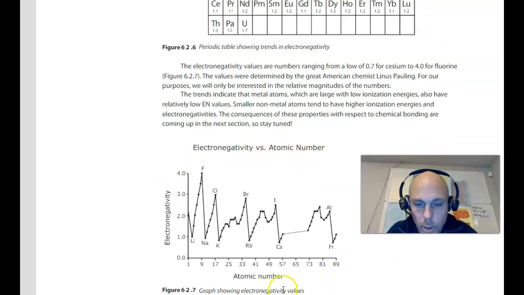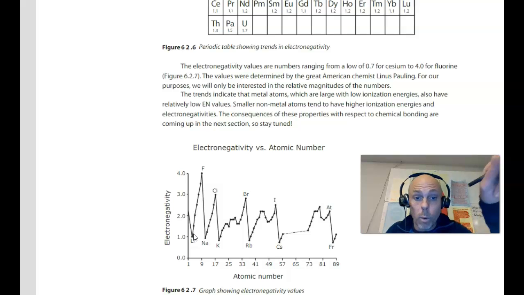So here's another one of those graphs or charts with atomic number on the x-axis, and in this case electronegativity on the y-axis. And let's just look at this together to see how it makes sense. So we see a drop from hydrogen to lithium. We are skipping helium because helium doesn't have a value. As you go down from row 1 to row 2: more energy levels, weaker force of attraction, lower electronegativity.